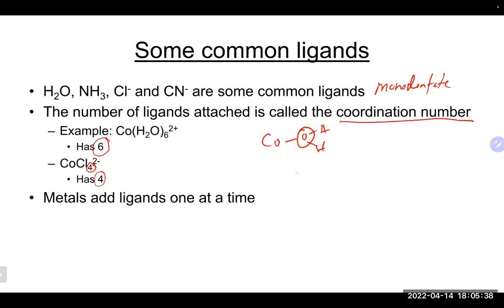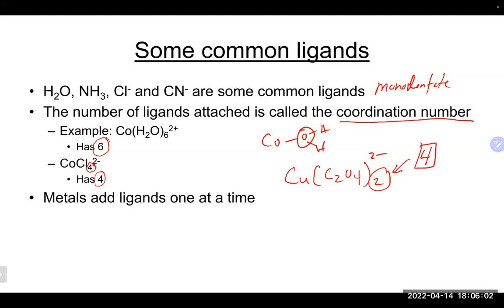Now, sometimes people think, well, it's always the number on the parentheses there. So if we did like this, the coordination number here is not 2 in this case, actually. It is actually going to be 4.